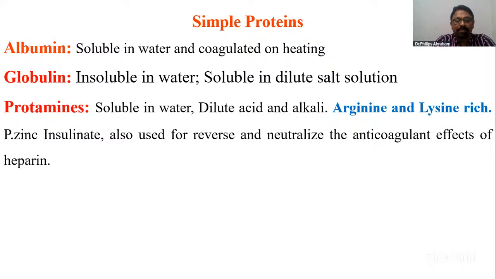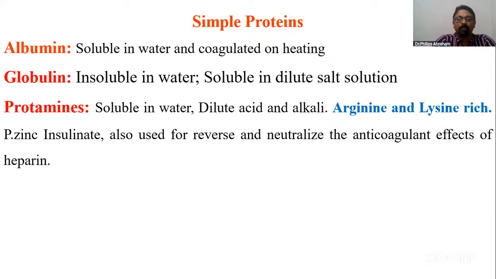Protamine zinc insulinate is one of the ways by which insulin is commercially available in the medical stores, as a complex. Another use of protamine is that it neutralizes the anticoagulant effect of heparin. So whenever there is a heparin overdose, you will be giving protamine.